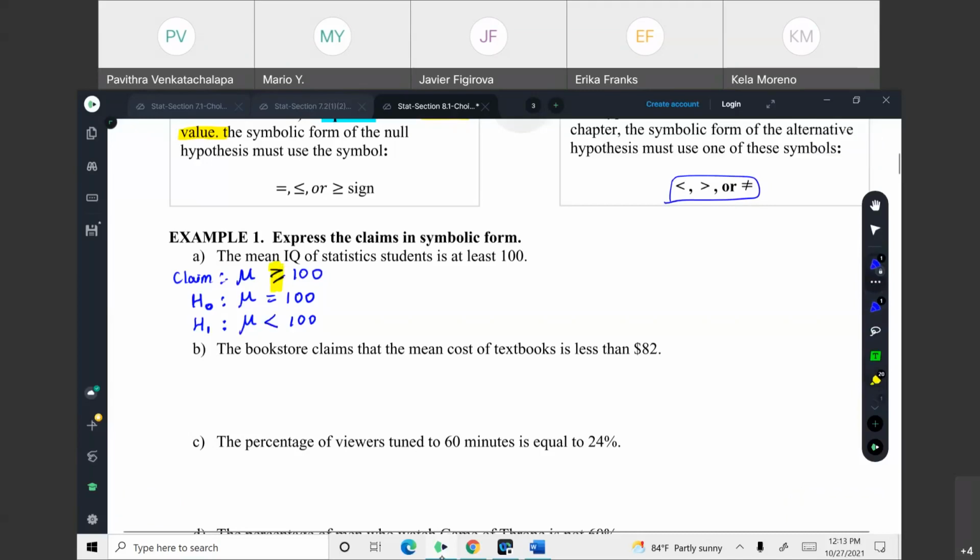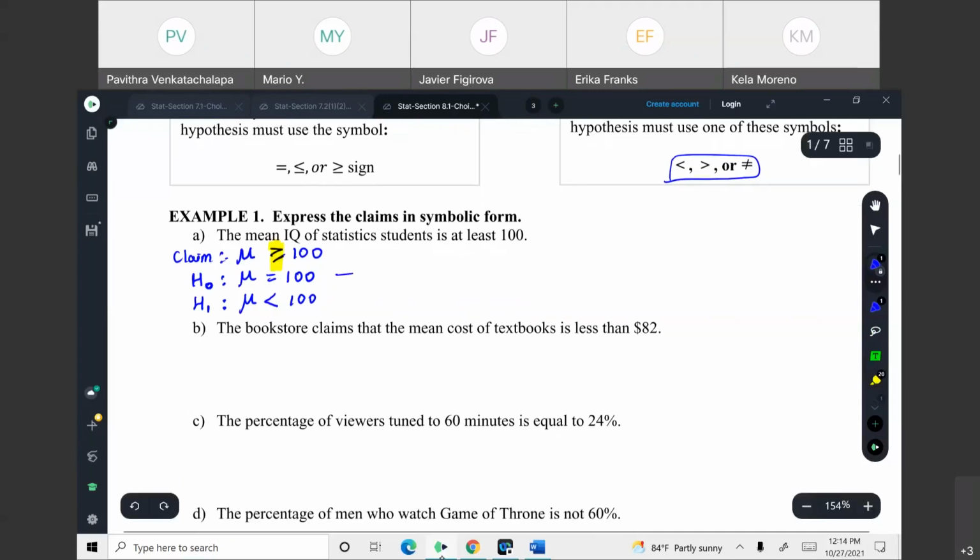You will not say equal to, never, because alternative can be less, greater, or not equal to. It cannot be equal to. If it is equal, then it is null hypothesis. So this is how you write the null hypothesis and alternative hypothesis.